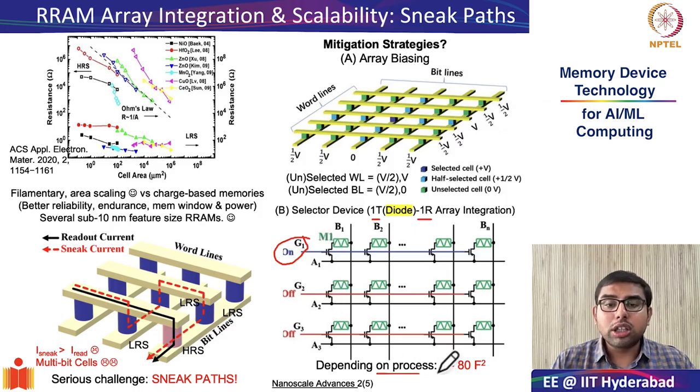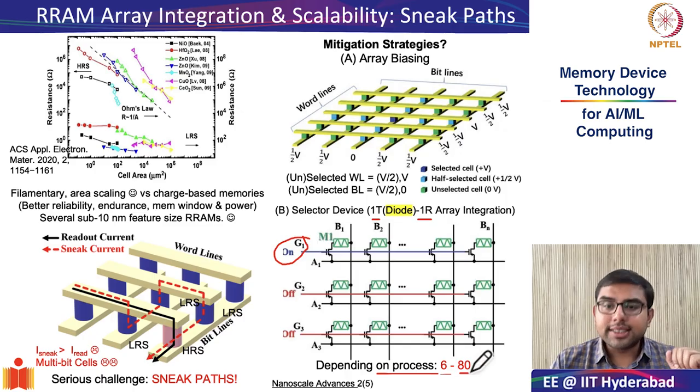Depending on the process, the cell area can be as good as 6F² for large technology nodes where the transistor node is very large, or it can even become 80F² if the transistor technology node is very, very small. Therefore, sneak paths are the key issue which prevents the area scalability or large area integration of RRAM arrays.